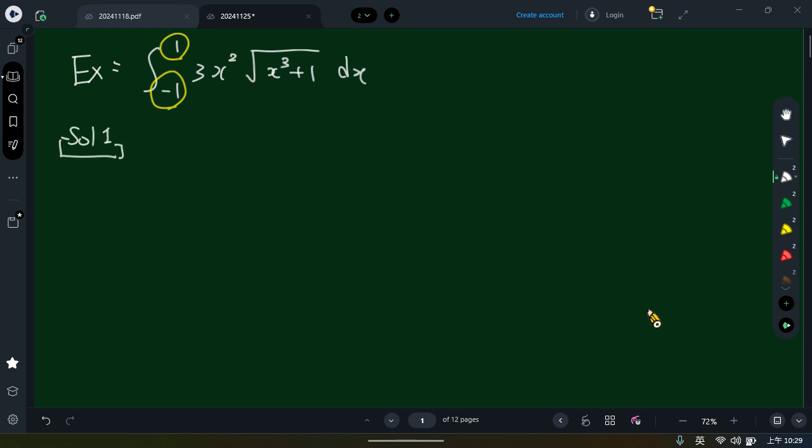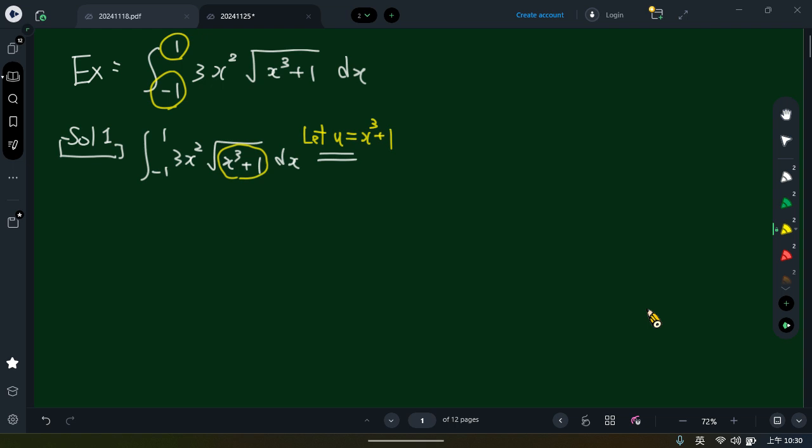We just simply, because we just find this form is a little bit complicated, right? Because it's just under the square root, so it can make the calculation more complicated. So why now we just let u is equal to x cubed plus 1.